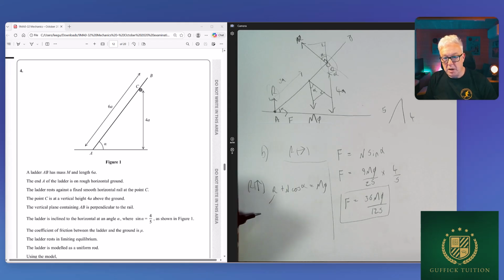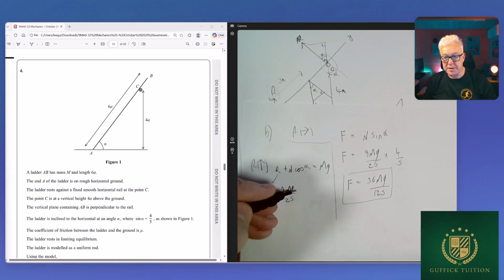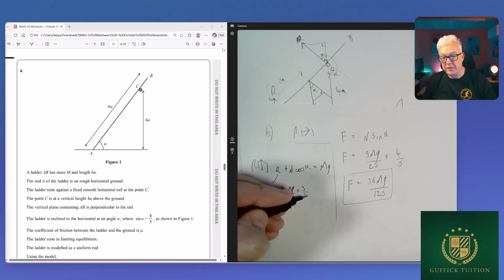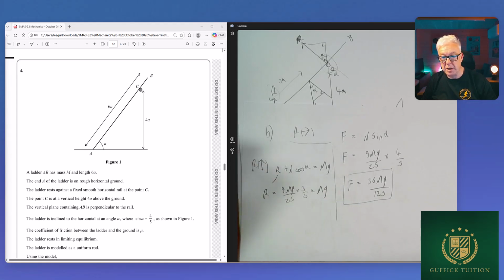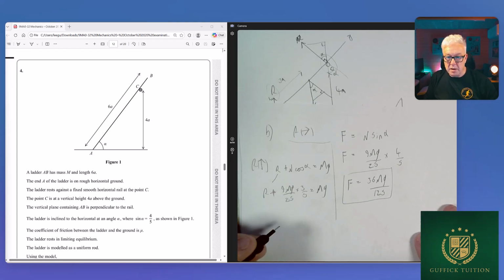Okay, so R plus n, which we know to be 9mg/25, times cos alpha, which we know to be 3/5, is going to equal mg, like so. So yeah, that's not an equals, that's a plus there. Okay, all right, so that's good.